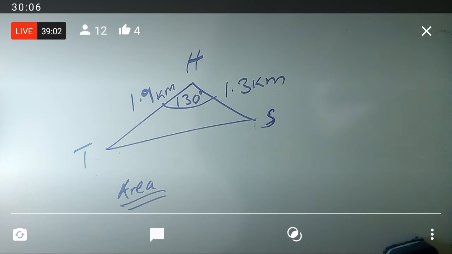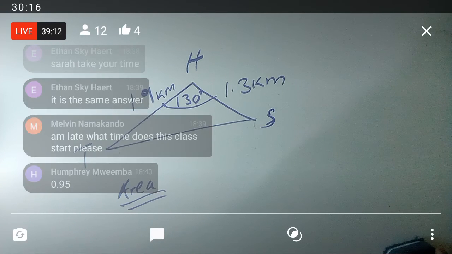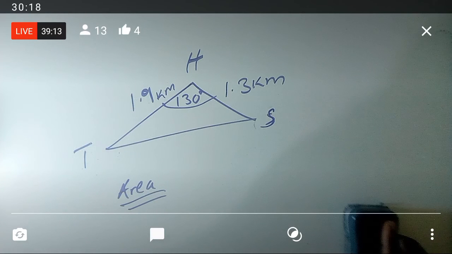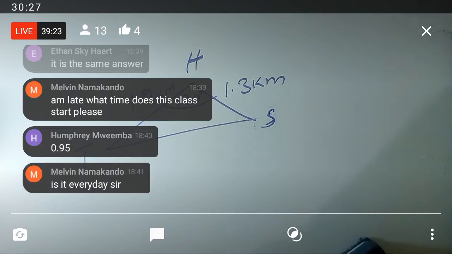Let's go. Okay, 0.3. Mwemba, you found 0.95, 0.95. Any other person? Kindly confirm what answer you're getting. Remember the formula.